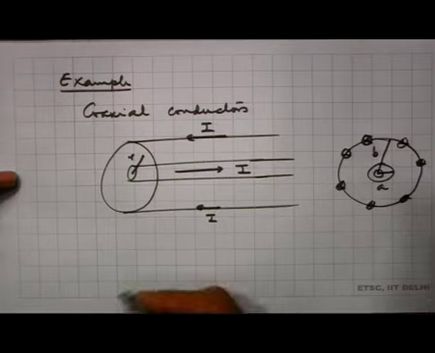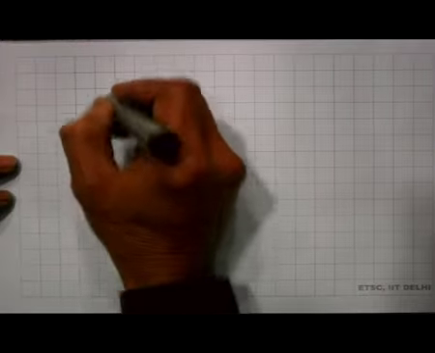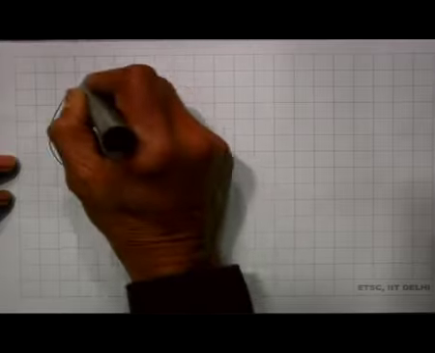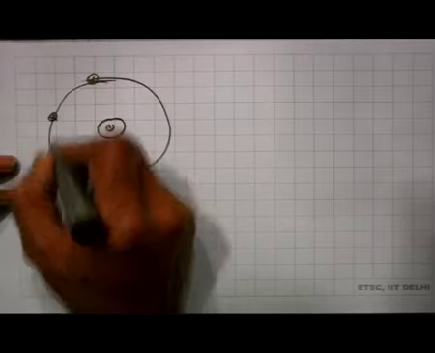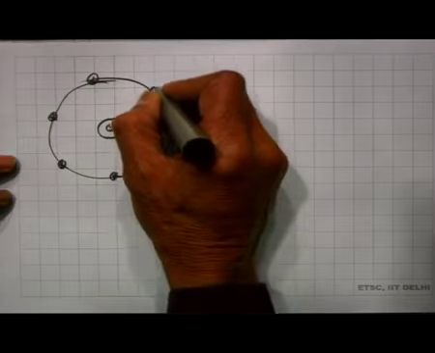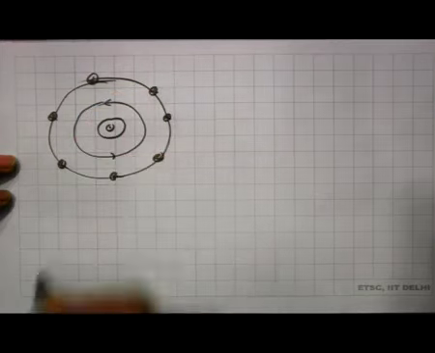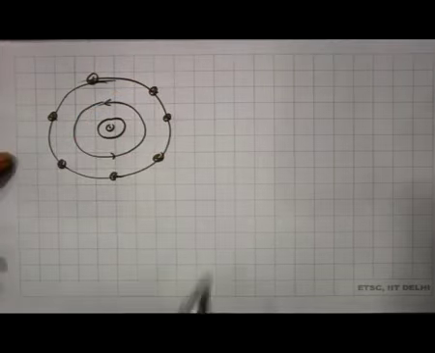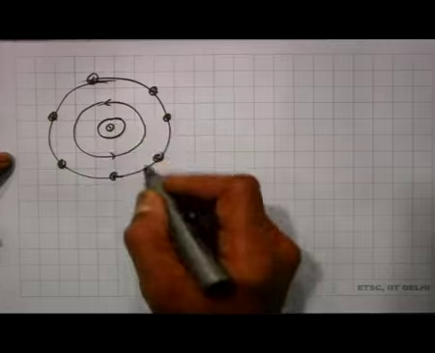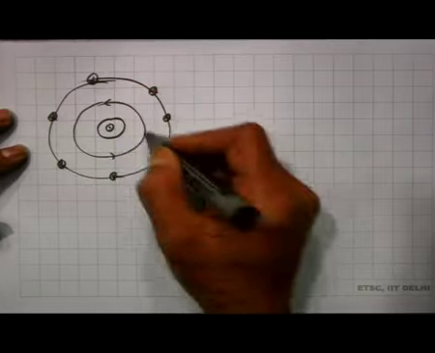So, I take a path of integration. This is my inner conductor, and that is the outer conductor here. The current is away from me in the outer conductor, and in the central conductor it is towards me. I take a circular path here. As you can see, the current in the outer conductor is not enclosed by this path.